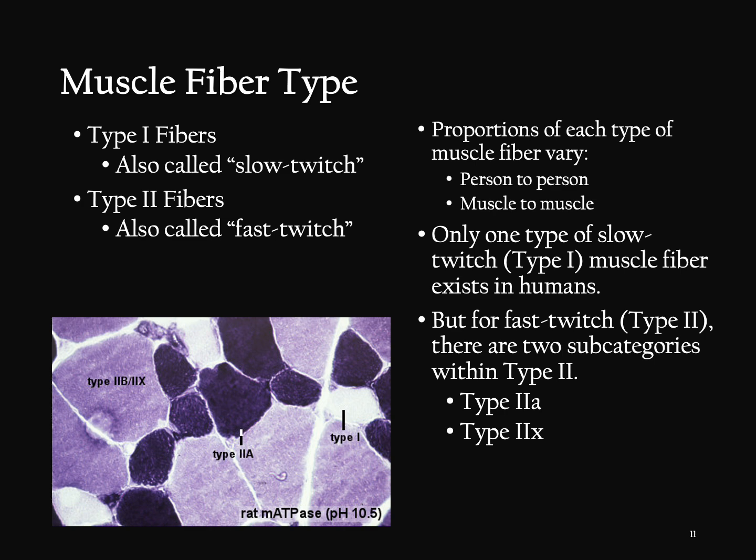It's going to vary from person to person. If you take specific athletes, marathon runners versus sprinters, their body compositions are drastically different because of the performance that they need to accomplish. So only one type of slow twitch, type 1 muscle fiber, exists in humans.